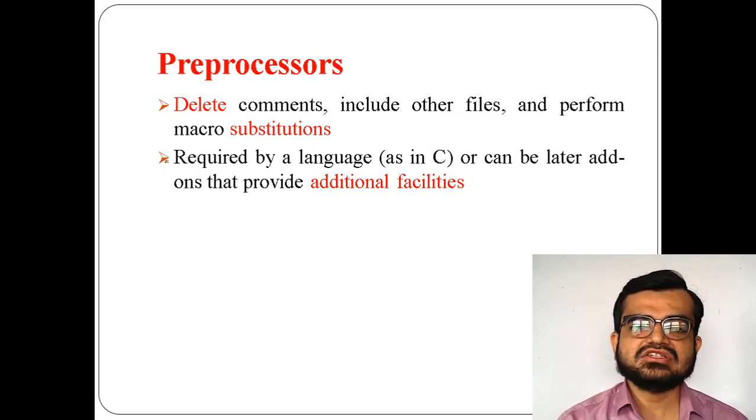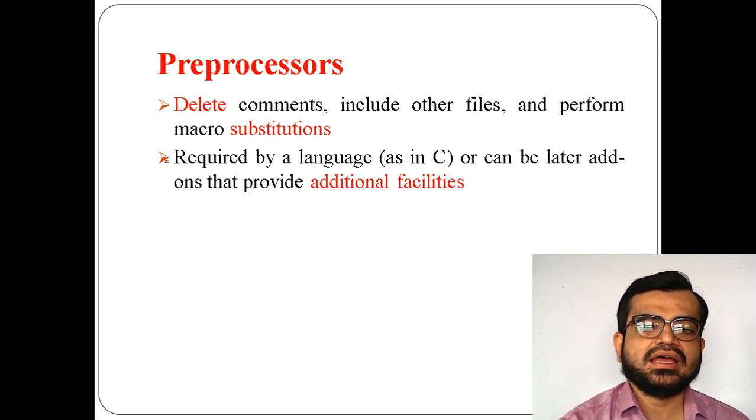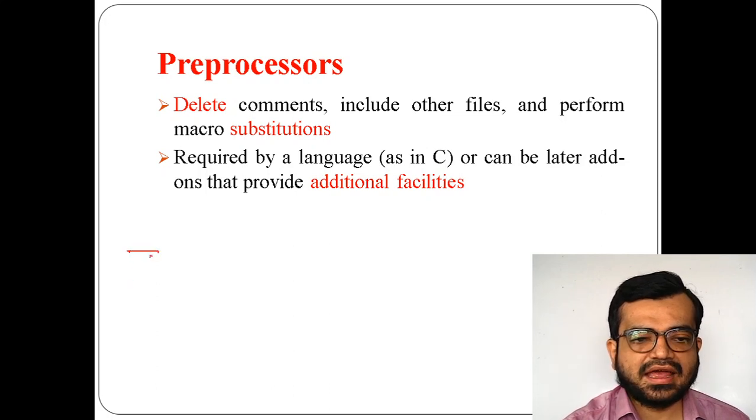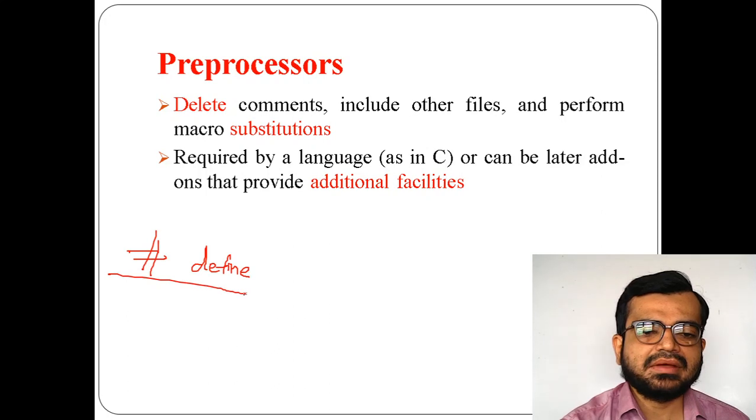That means you are additionally adding some files. You can also call them macros. Like in C language you have, say, hash define, right? So this is how the macro works.